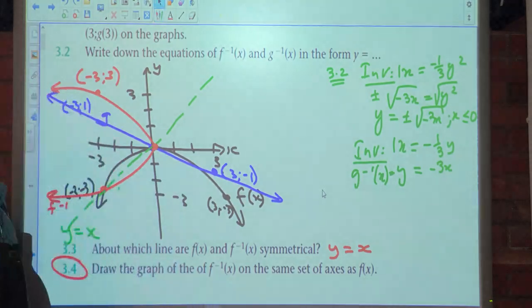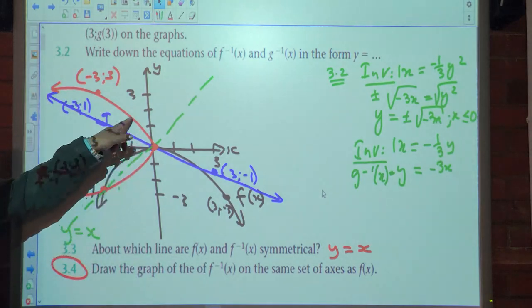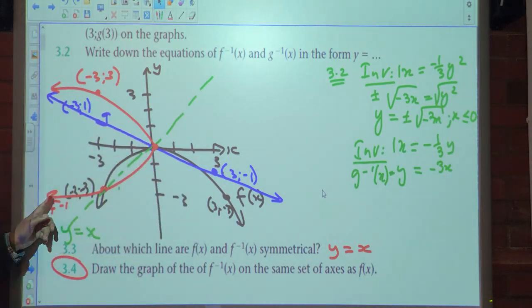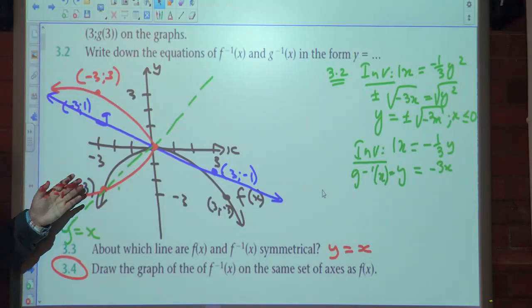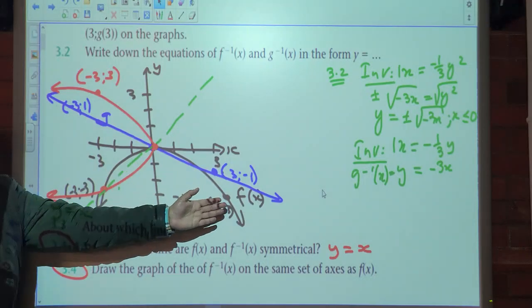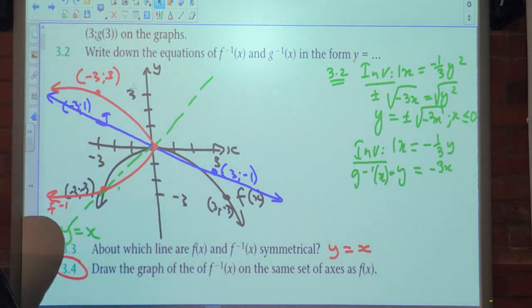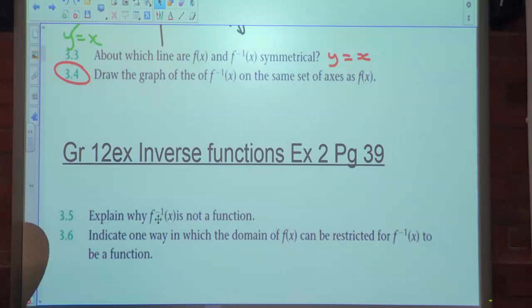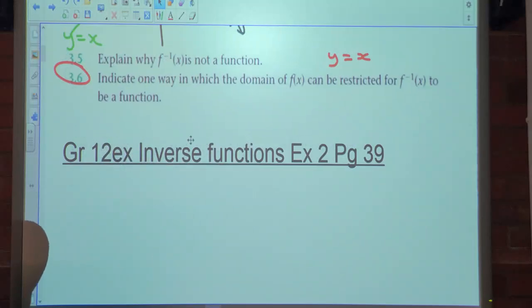Any confusion? Is this inverse a function? No. How can we restrict the function so that its inverse can be a function? X is less than or equal to 0 or x is more than or equal to 0. You see the questions just get repeated all the time.